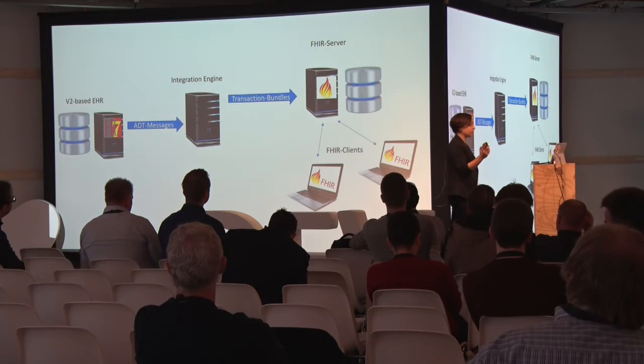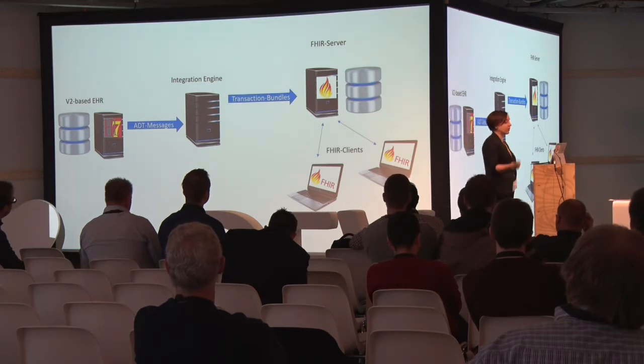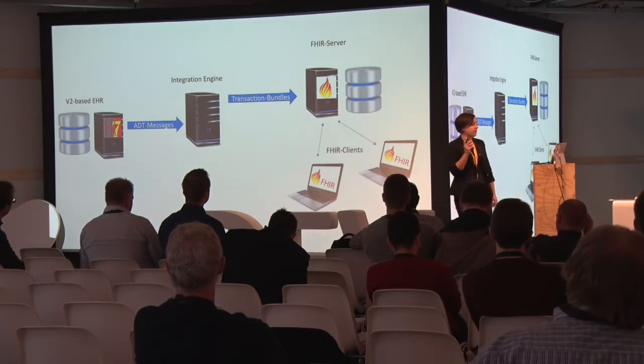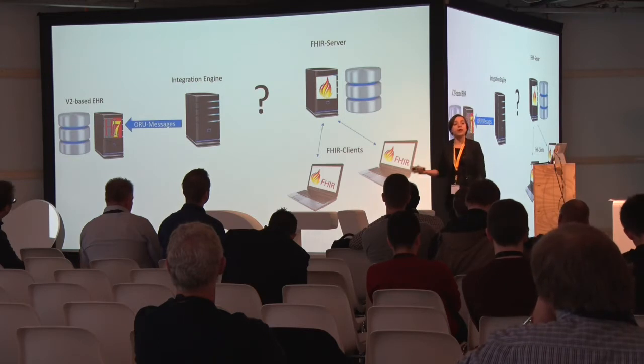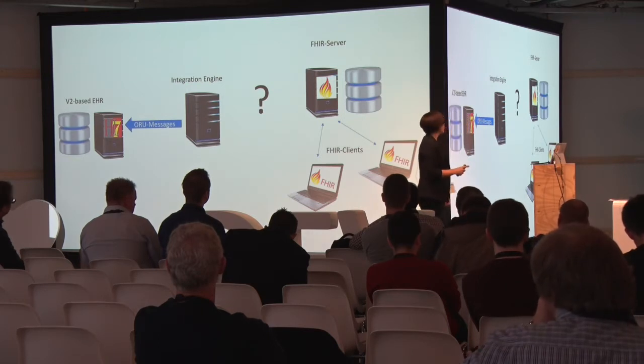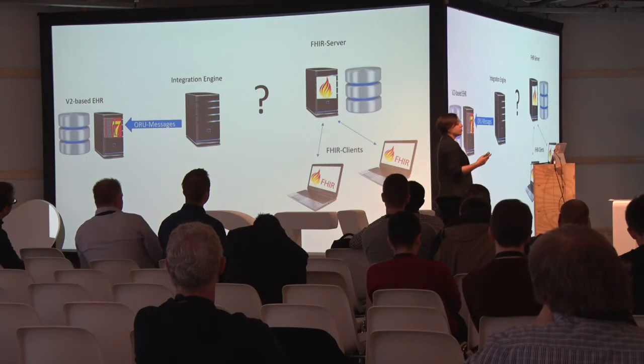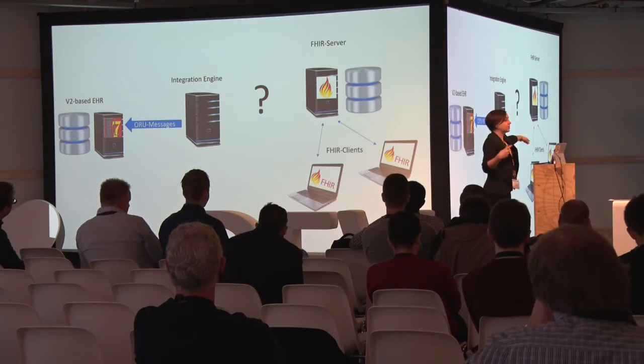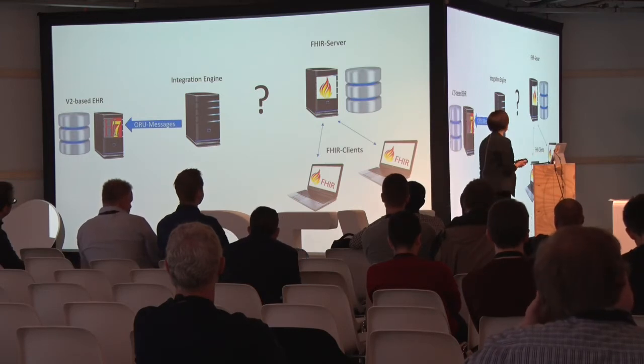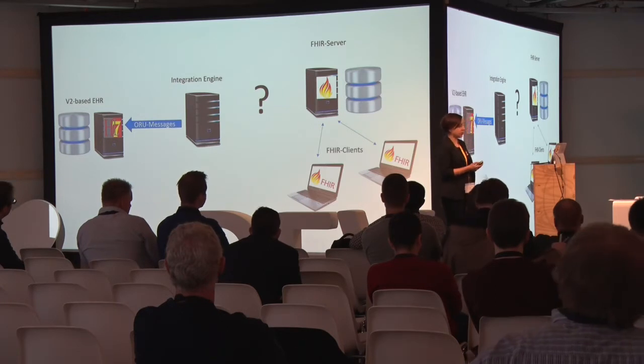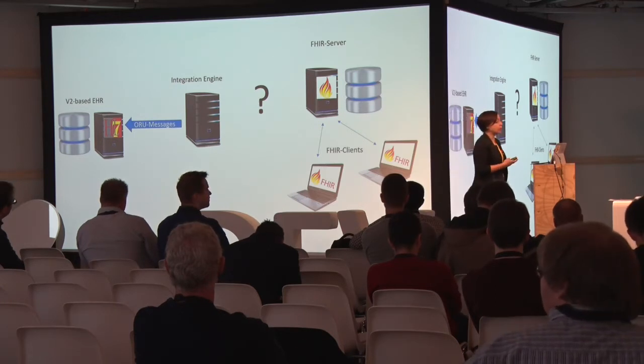So, running out of time, but just to give you an idea of what else you could do, we have this one solved, ADT message to transaction bundle. But we may also want to communicate in the other direction, getting maybe measurements or whatever these mobile devices are doing or capturing, getting this stuff back to the version 2 engine as maybe an ORU message.